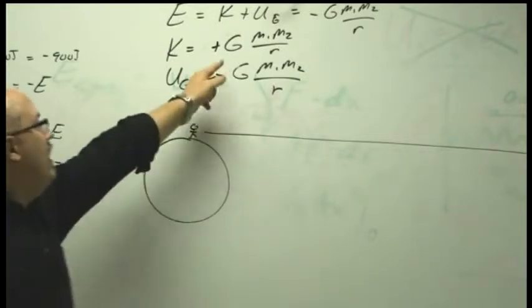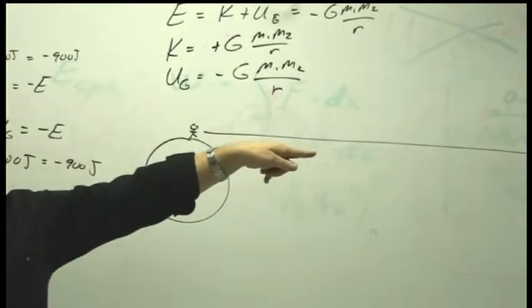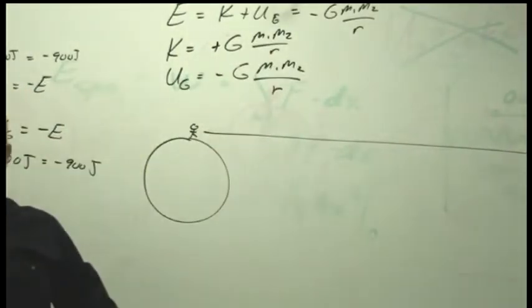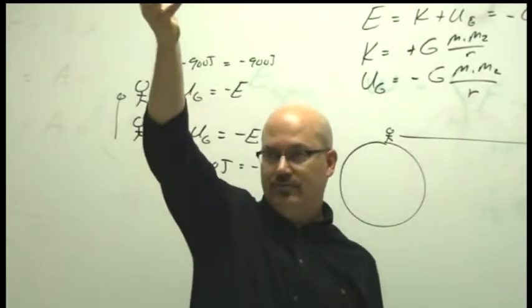If you give yourself more energy than that, then when you get away, you have energy left over and you keep moving past infinity. But I thought energy turned into different forms, so the potential would turn into kinetic. The kinetic is turning into potential as you go away, as you slow down.